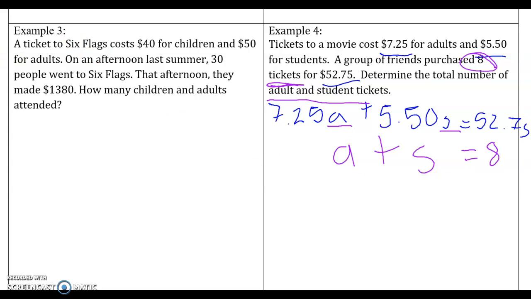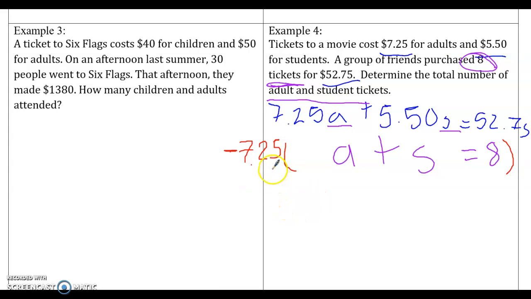It won't take us too long, hopefully. And so we want to make the numbers in front of the A the same. So if this number is 7.25, we want this number to be 7.25. And if this one's positive, that means I need the opposite, so I need it to be negative. So I'm going to multiply this equation by negative 7.25.